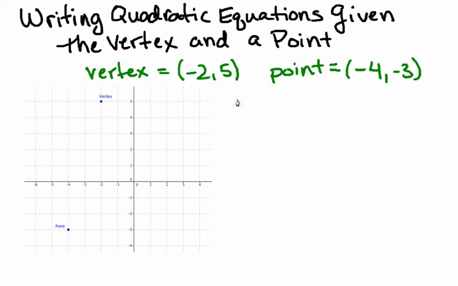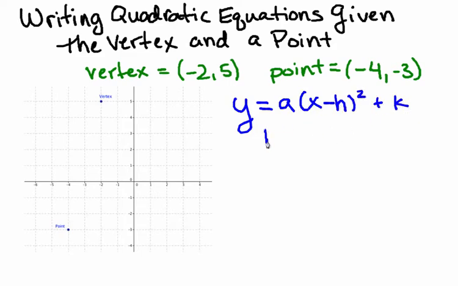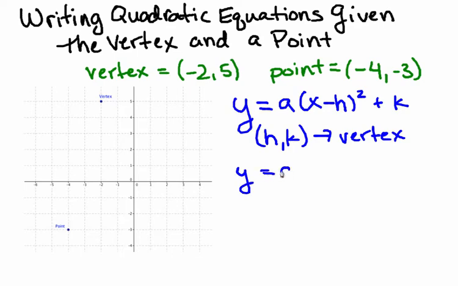Vertex form of a quadratic equation is y equals a times the quantity x minus h squared plus k. In this case, h comma k is the vertex of the graph. So if we're given a problem with a vertex at -2, 5, we can start by saying y equals a times the quantity x minus the x value of the vertex.